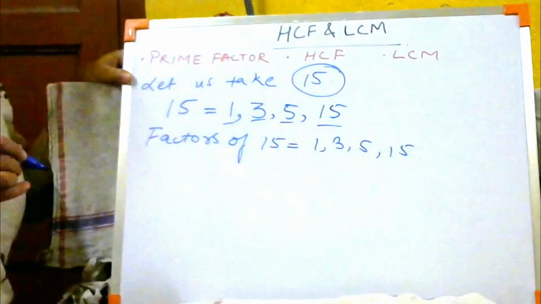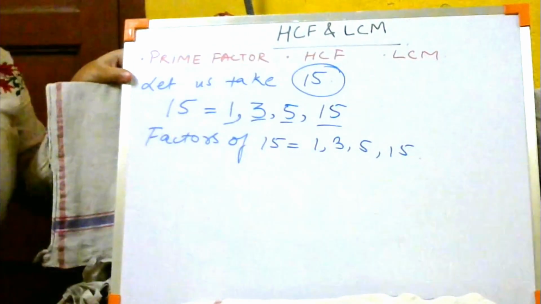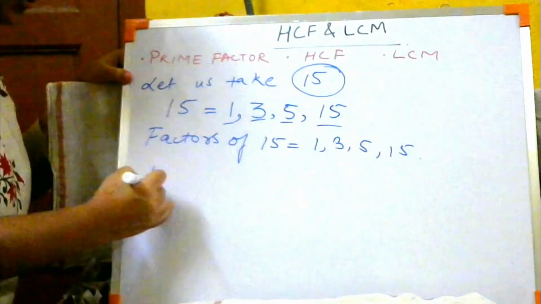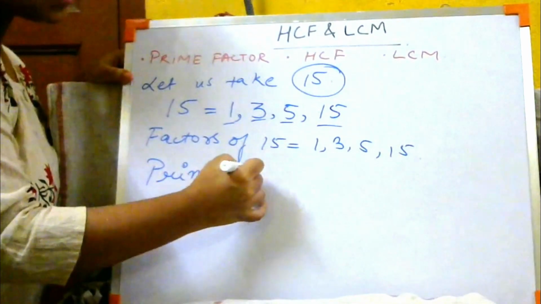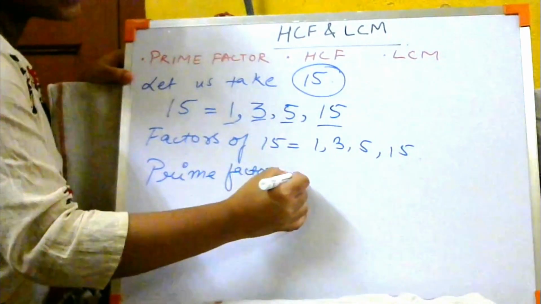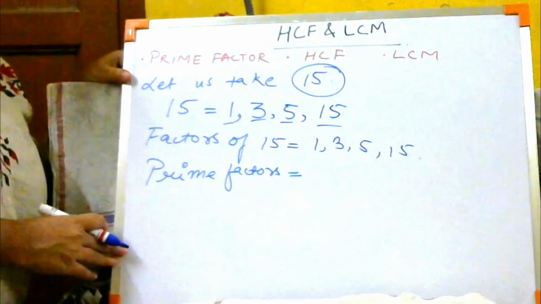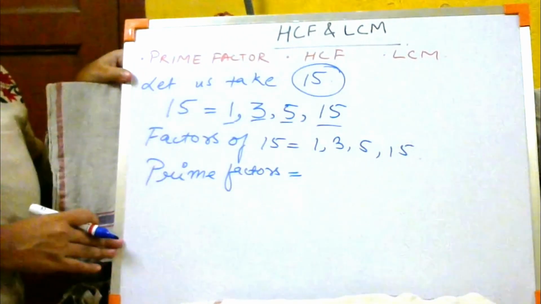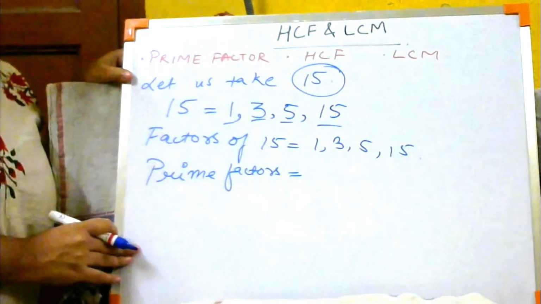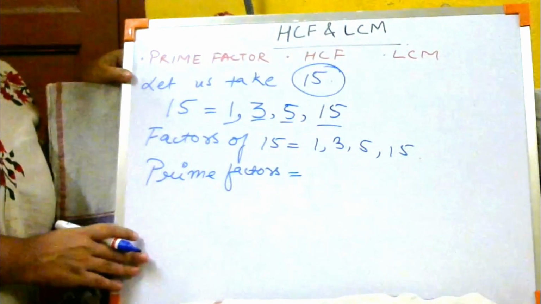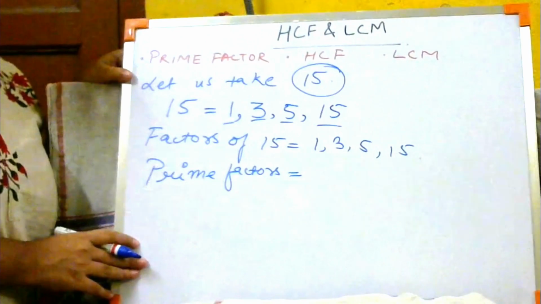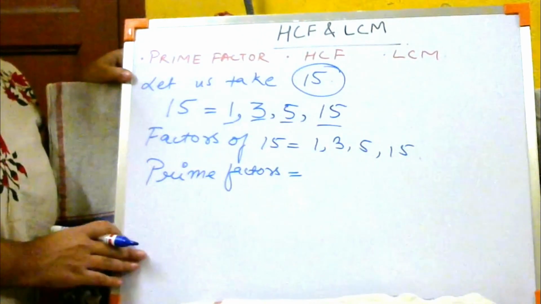But what is prime factor? What do I mean over here as prime factor? Now, do you know the prime numbers? Prime numbers are those numbers which are only divisible by themselves, isn't it? We all know that. Like the number 1, the number 3, the number 5, they are only divisible by their own.